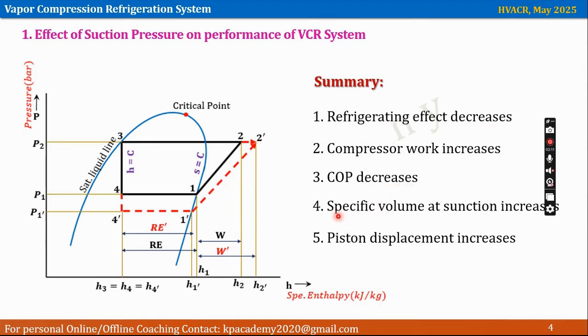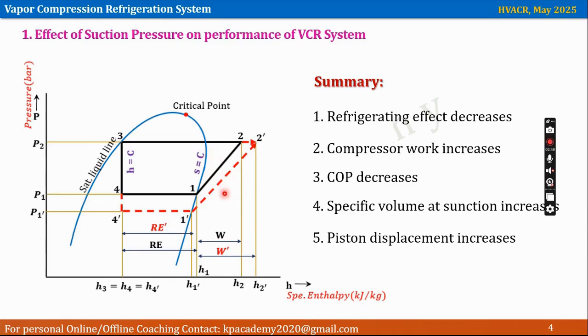Next is that specific volume at suction increases. If you see here one point, if I say the specific volume at one point is V1 and at one dash point V1 dash, the V1 dash is more than V1, right? So specific volume at suction line increases because the specific volume lines are like this on the pH chart, right?